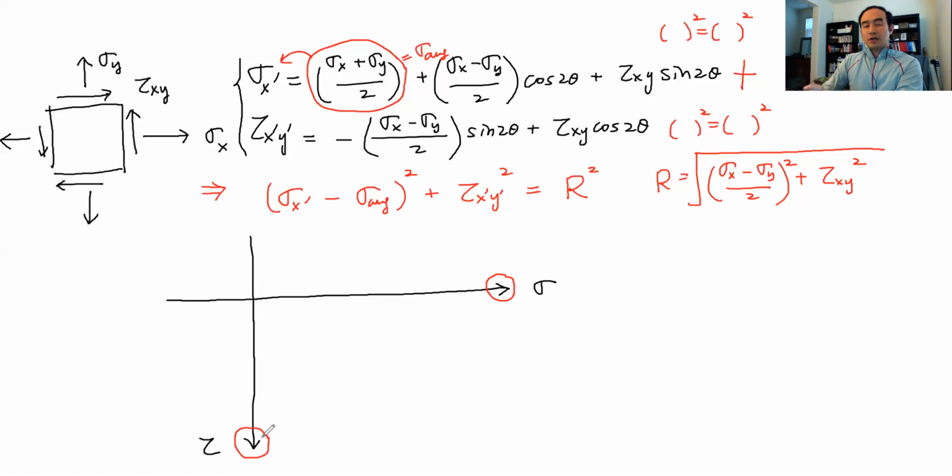The positive direction of tau goes downward. That's one thing we have to make sure of, and you have to keep in mind that this tau goes down.